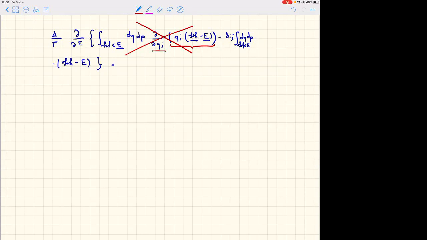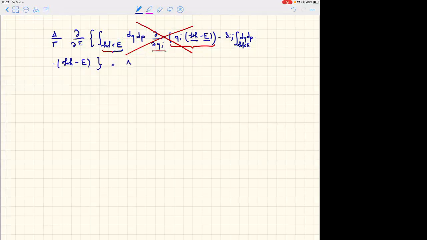But the boundaries are determined by the hypersurface of constant energy E, according to this formula, right? And therefore, at the boundaries, this function that contains H minus E is equal to 0, which implies that the integral itself is equal to 0. You see? Yes.